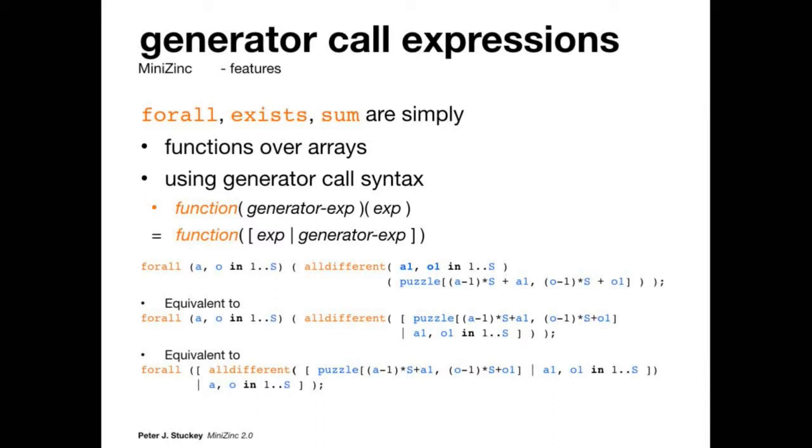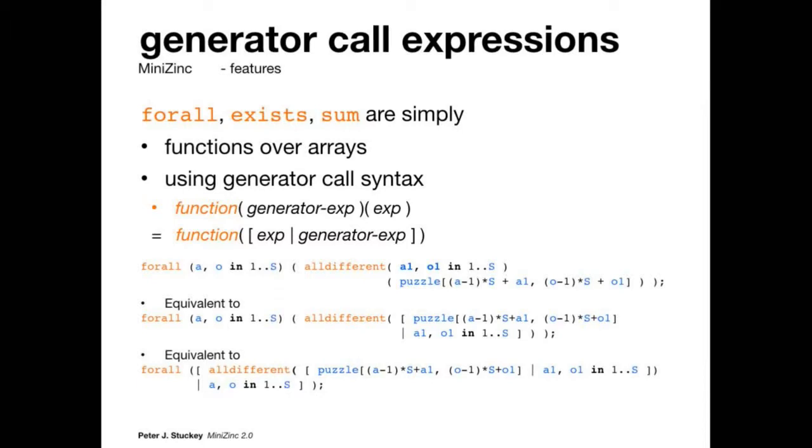So here's how I'd normally write it, right? I'm saying for all AO in 1 to 3, basically, then I collect these numbers and then apply all different to them. And indeed, this generator call syntax that we're doing here, so for all and then the brackets, is just a shorthand really for writing down the same thing.